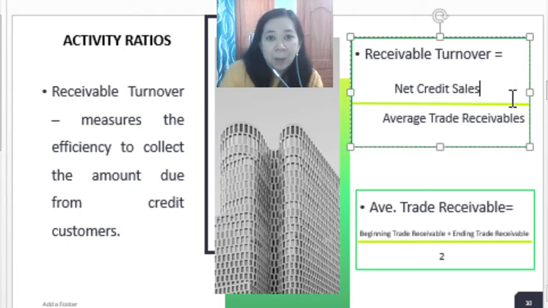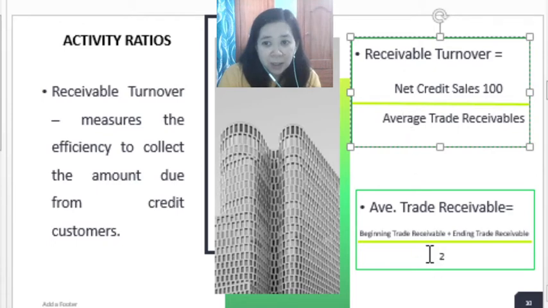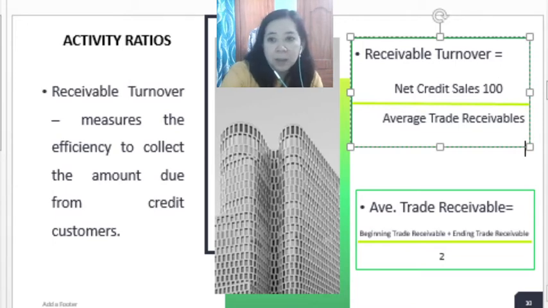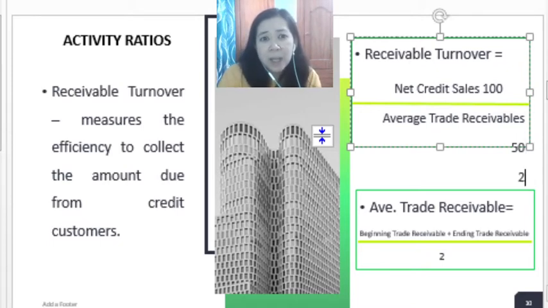For example, if our credit sales here is 100 and the average trade receivable is, for example, 50, the answer would be 2. Meaning in 1 year you only collect twice. This is not a good indicator because you have to wait for 6 months before you can actually collect the receivable. So the ideal figure should be a higher turnover.